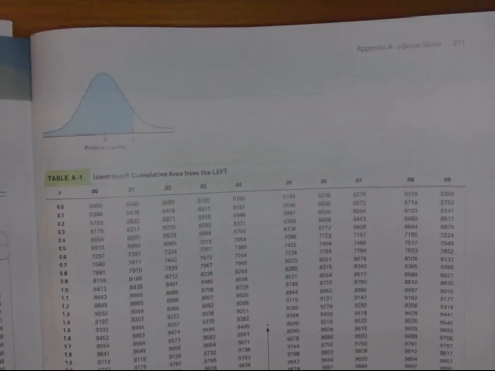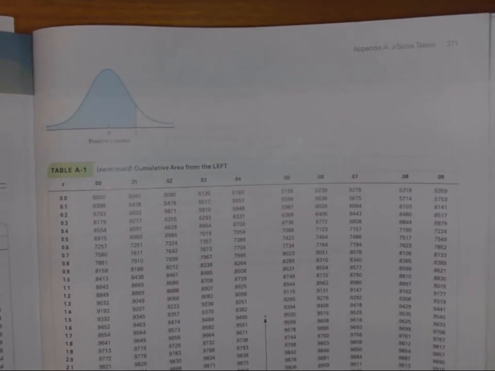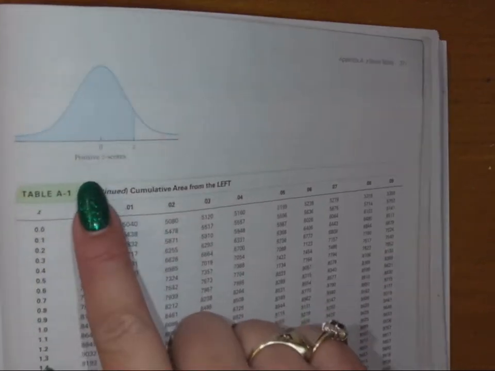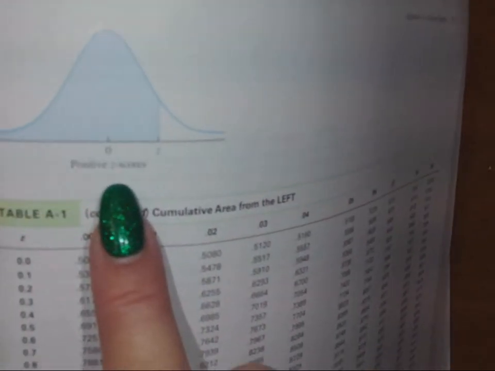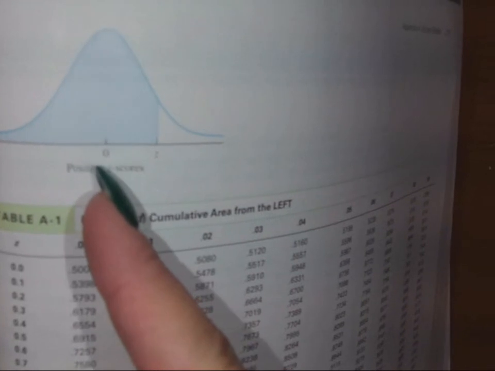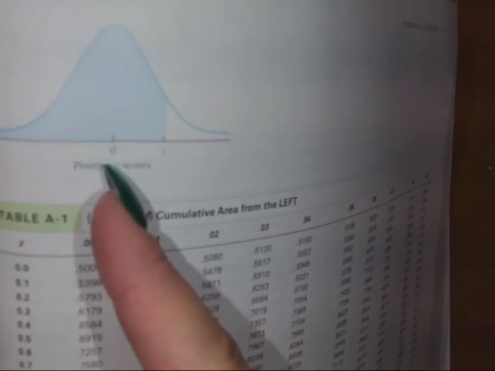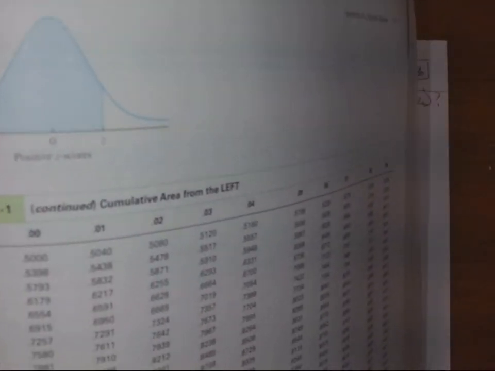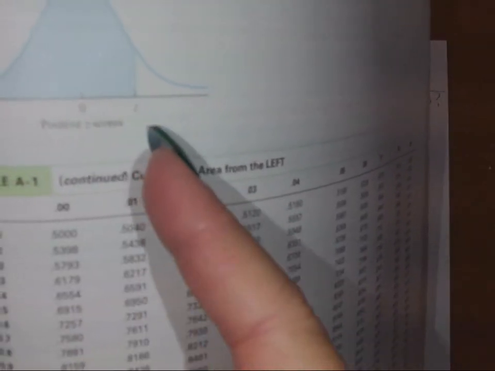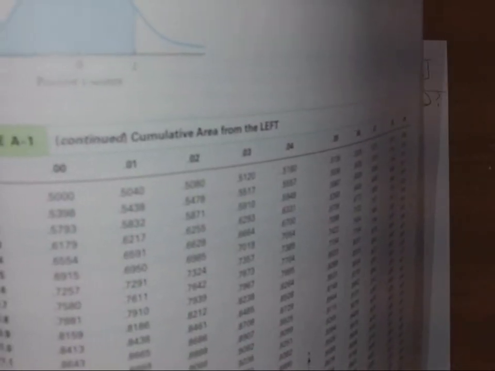If you need it on a test, it'll be there. There are 2 pages of this. One is, if you can see this right here, positive Z-scores, which means if here is my mean, they've got it marked with a 0 because that's 0 standard deviations at the mean. The mean is the mean, so it's not above or below. It's 0. So positive Z-scores would be on the right-hand side.